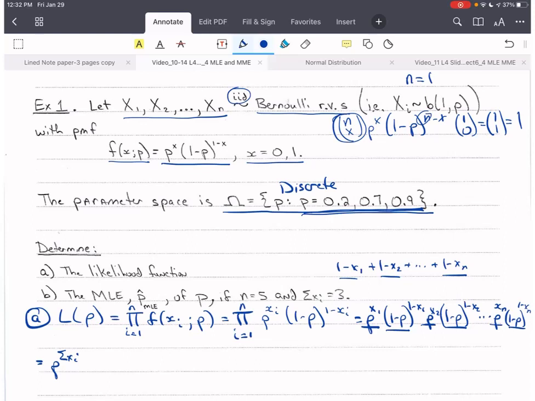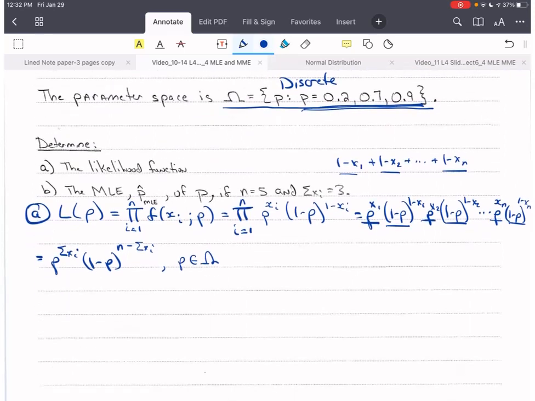So this is going to be 1 minus p to the n, minus x1 minus x2 minus xn, so it's minus the sum of xi, and we need to say that p is in the parameter space.